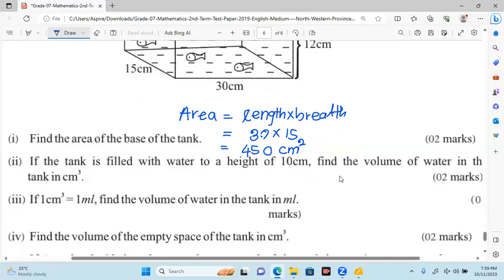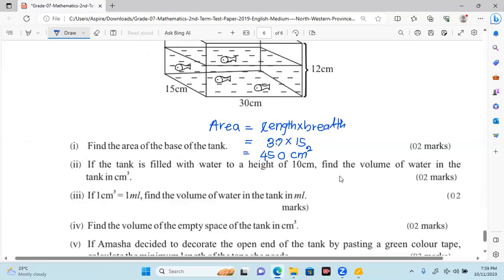If the tank is filled with water to a height of 10 centimeters, find the volume of water in the tank in cubic centimeters. That means to find the volume, you have to multiply length times breadth times height. Length and breadth are 30 and 15, and the height of the water is 10 centimeters.